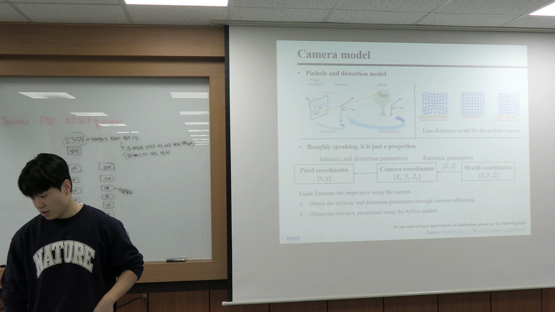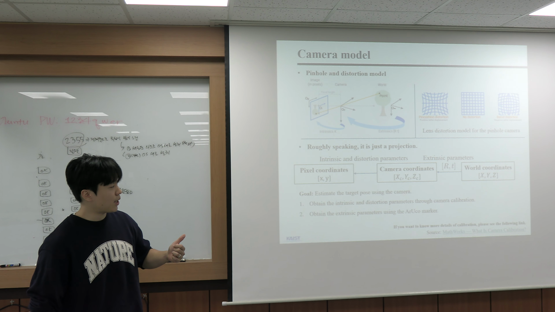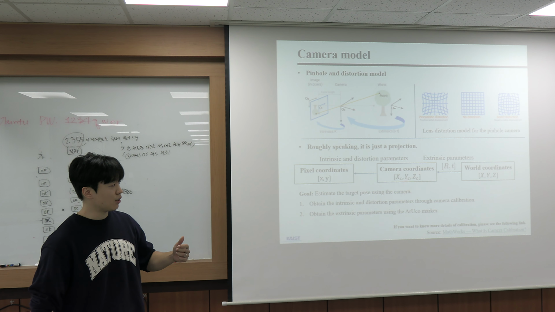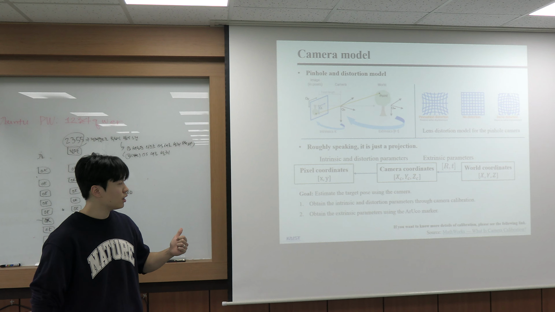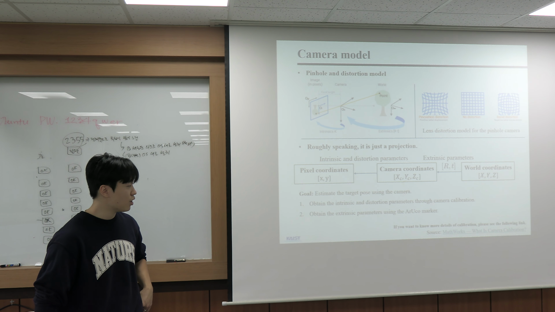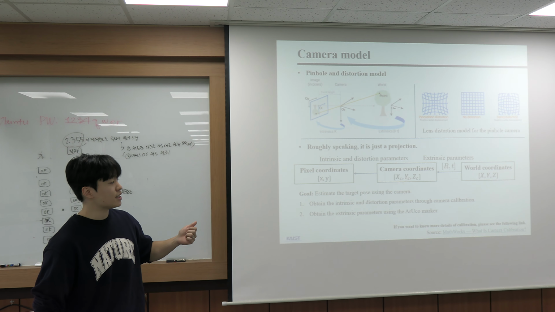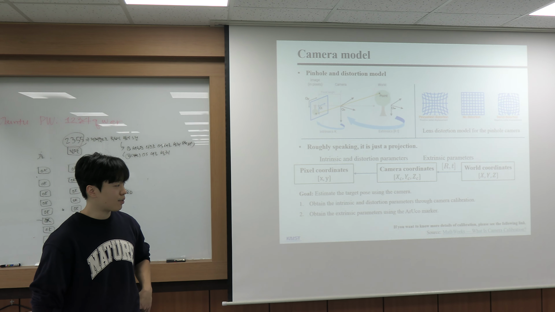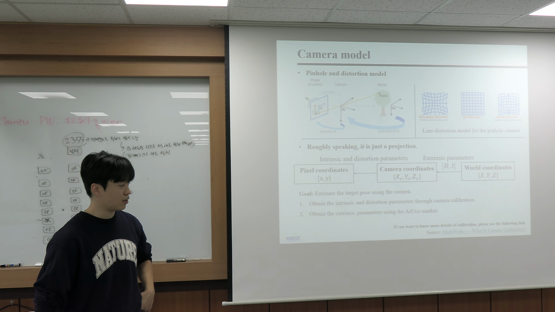Once we know those parameters, we can map the 3D world points to the 2D pixel coordinates and vice versa. So today we are going to obtain the intrinsic and distortion parameters through camera calibration, and then obtain the extrinsic parameters through the RF marker.